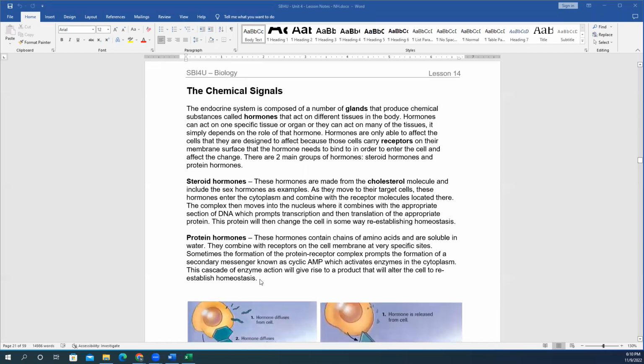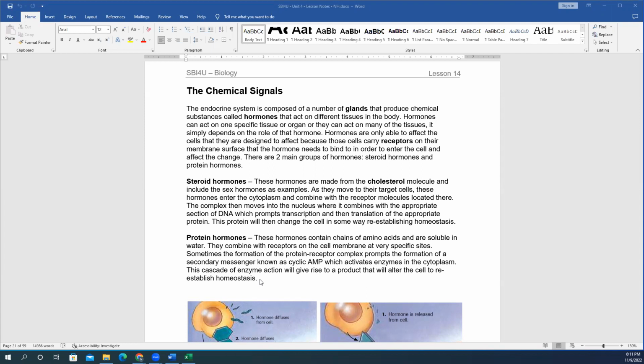So in our endocrine system, we have a number of glands, and they produce chemical substances that are called hormones. They act on different tissues in the body, and they bring about many different changes. It simply depends on the role of the specific hormone and the specific organ, cell, or tissue that it acts upon.